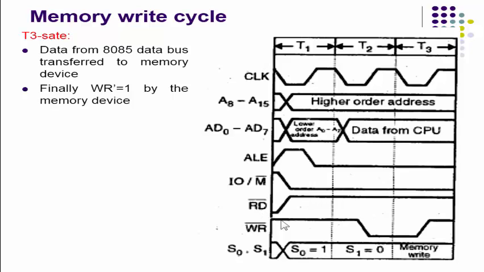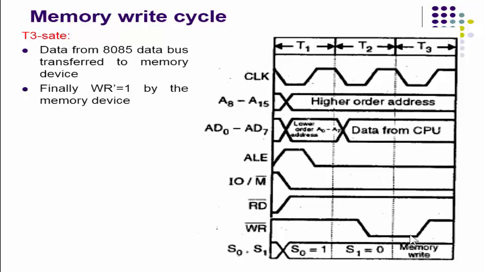There is no change in the state of the read bar signal because this is the machine cycle for the data writing operation. So WR bar is made low by the microprocessor. Okay, and finally after the data transmission between the T2 and T3 state, here we can see on AD0 to AD7 after demultiplexing, the data from the microprocessor gets transferred to the memory device.